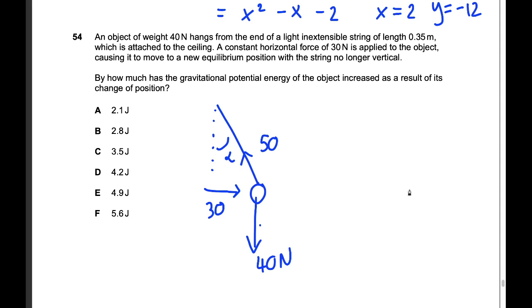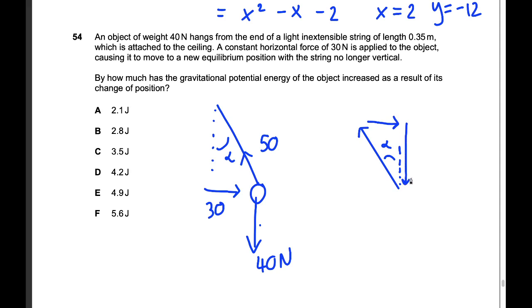If we think about this triangle for a second, we've got a tension that is going up at the angle alpha, and that points in that direction. Then the 30 newtons takes it back, and the 40 newtons points down.